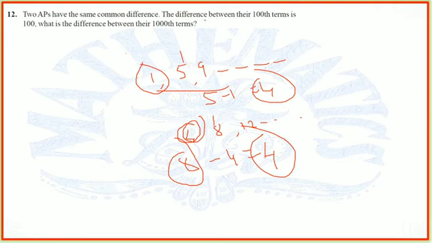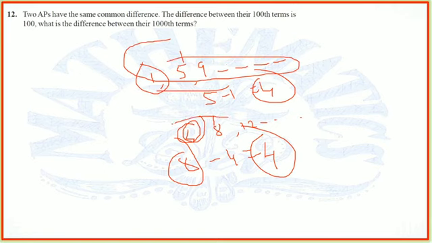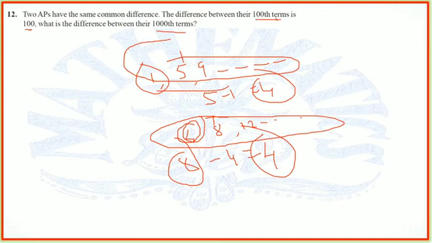The difference between their 100th terms means the 100th term of the first AP minus the 100th term of the second AP, and this difference is 100. Then what is the difference between their 1000th terms? It is given that the difference between the 100th terms is equal to 100.